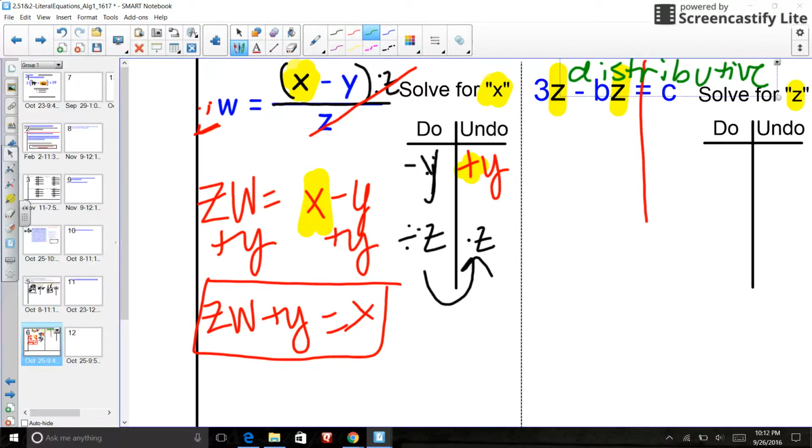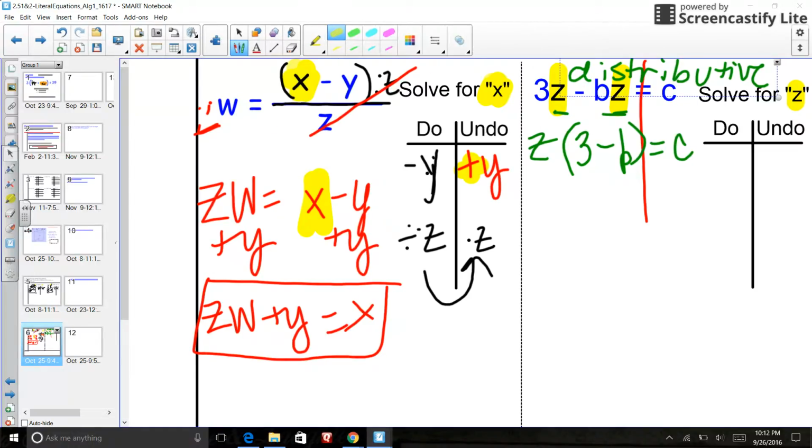It's actually the undistributed property. I want to undo it. So I see I've got a z in both of these. I'm going to go backwards on the distributive property and pull the z out, which means if I divide a z out of this, I'm left with 3 minus, if I divide a z out of there, b equals c.